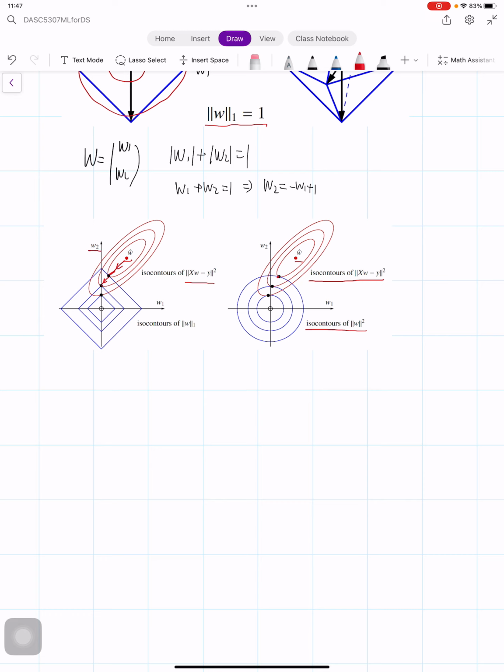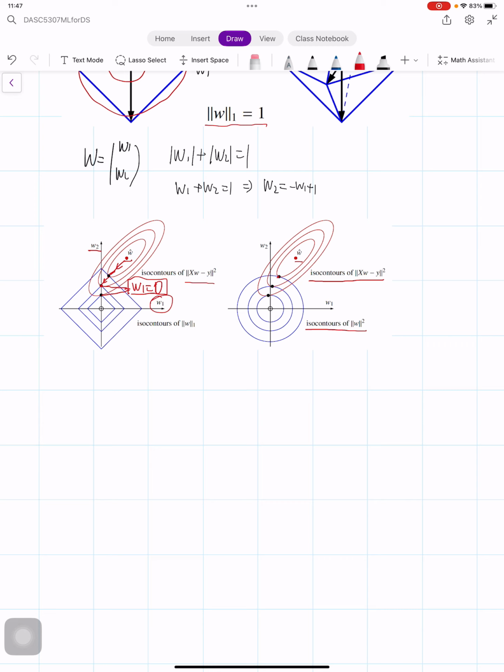If the solution is dragged to the W2 axis, W1 will equal 0. So this indicates that if we give relatively large regularization, we can find some variables that are not important.